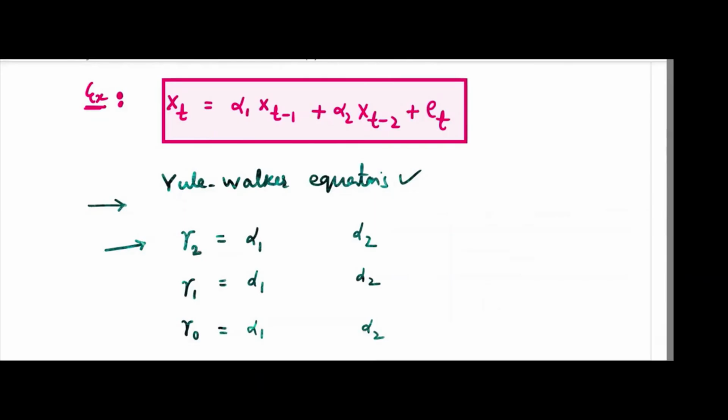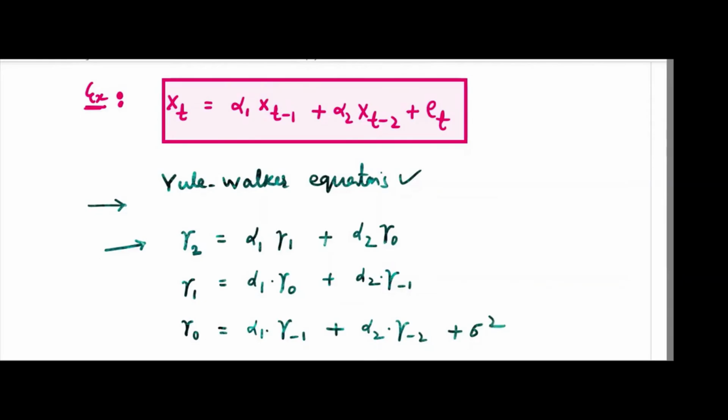If you have a 2 here, you write 1, then you write 0. If you have 1 here, you subtract 1, okay? You will get 0, you subtract 1, you will get minus 1. You subtract 1, this will be minus 1, you subtract 2, it will be minus 2. And when you get gamma naught, you add an extra term sigma square.